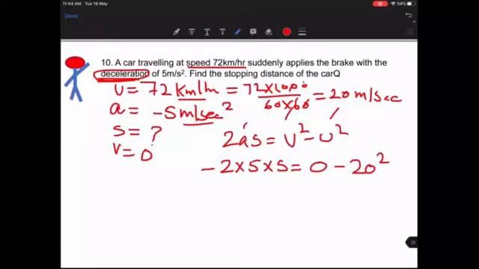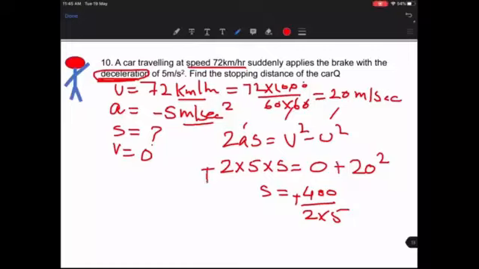If we solve this, we get S is equal to 400 upon 2 into 5, and the minus sign will not come because both minus signs get cancelled here. So you will get 40 meters. S is equal to 40 meters.